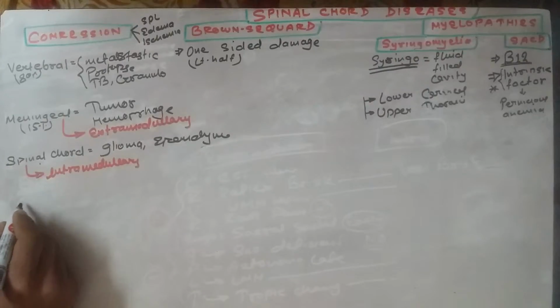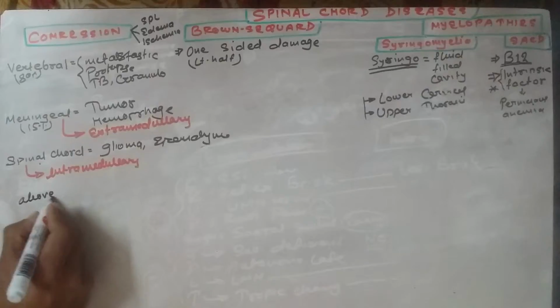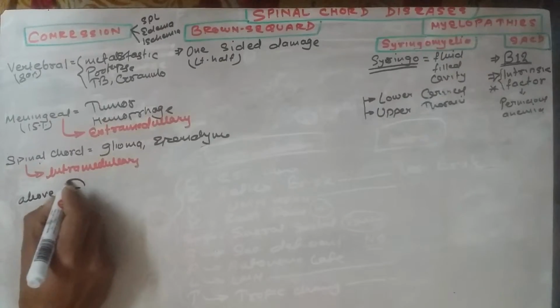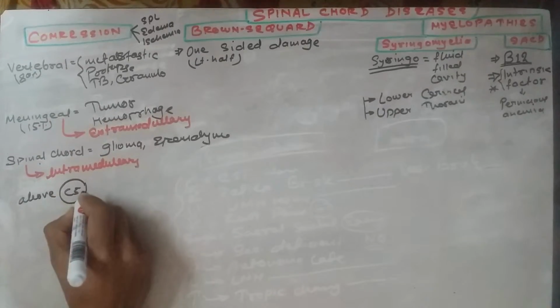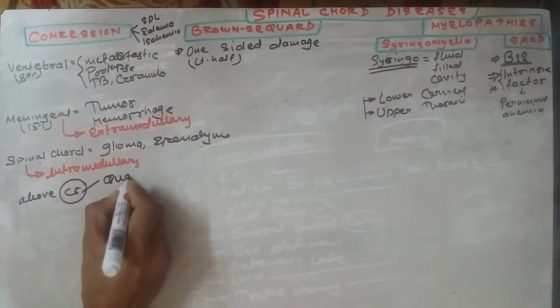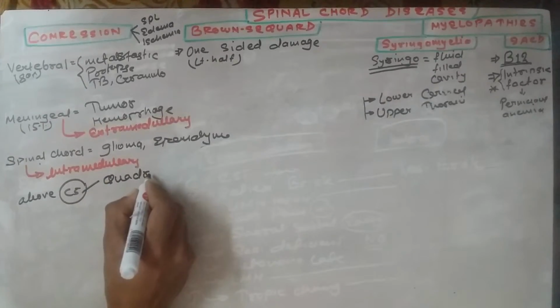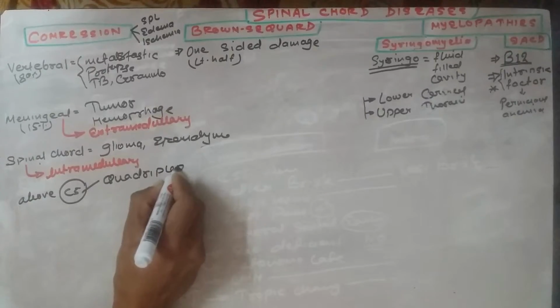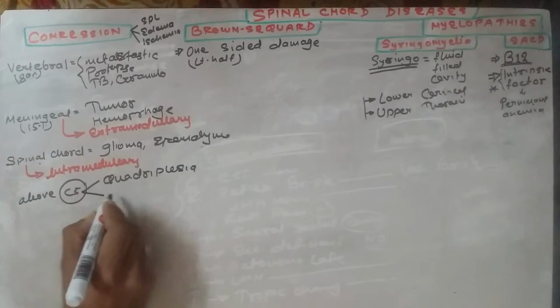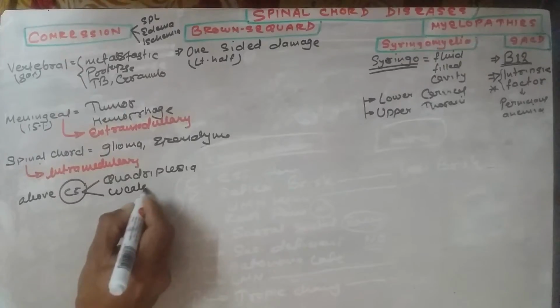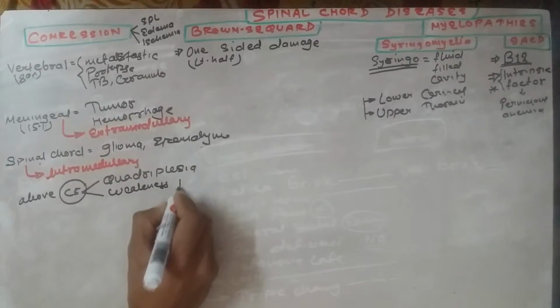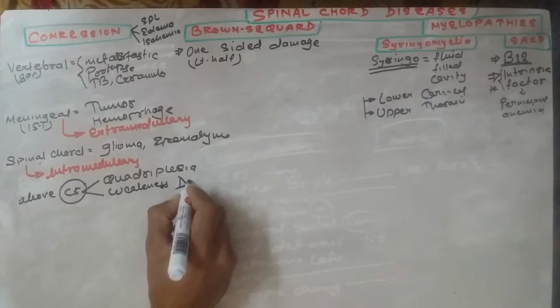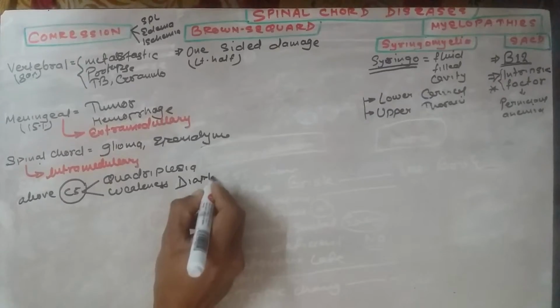If the lesion is above C5, then the usual presentation will be quadriplegia, paralysis of both upper and lower limbs, along with weakness of the diaphragm, meaning respiratory problems will also be present.